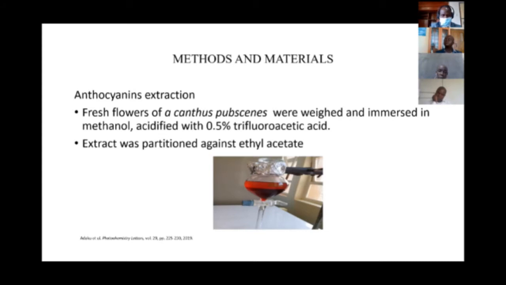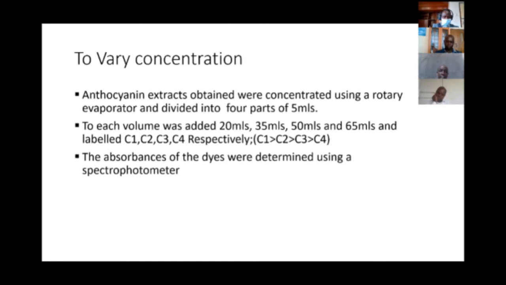So we went ahead and separated using this separating funnel, and after that we concentrated the extract and divided it into 4 different volumes, each of 5 mL.